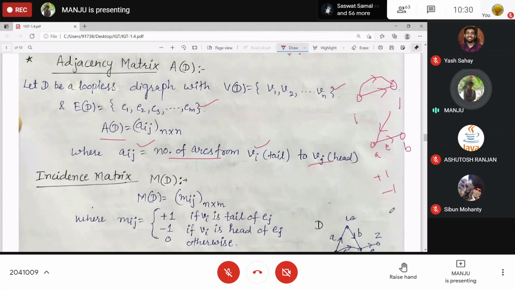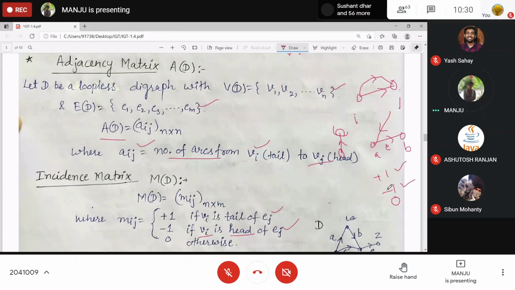And if nothing is there, if a vertex is here and some arc is present over here with no relation between the vertex and that arc, then you will write 0. So whether EJ is going out from Vi, then we write +1. And if EJ is coming towards Vi, that is, the head, then we write -1.